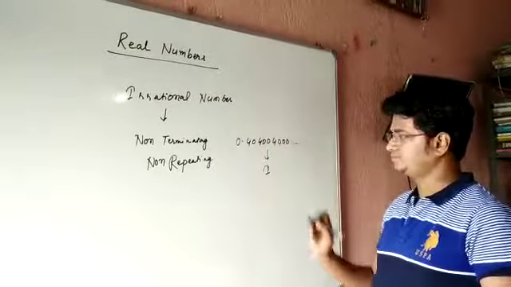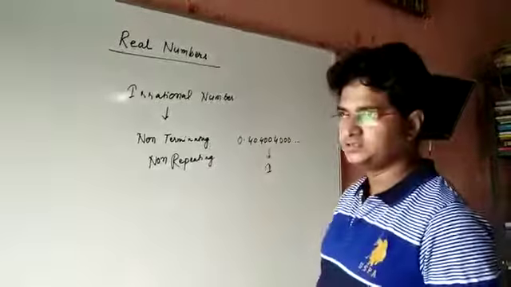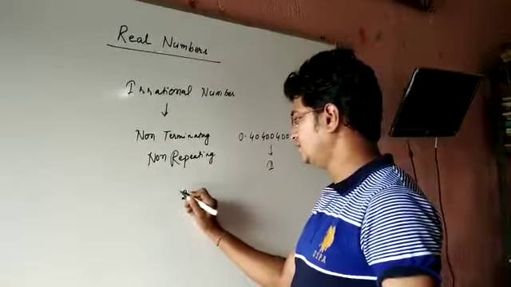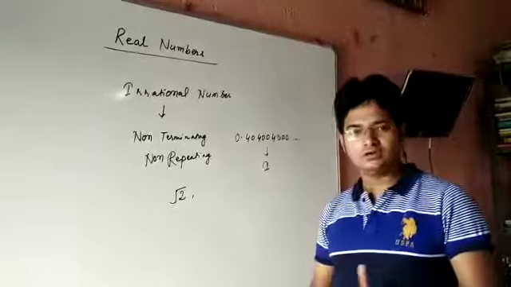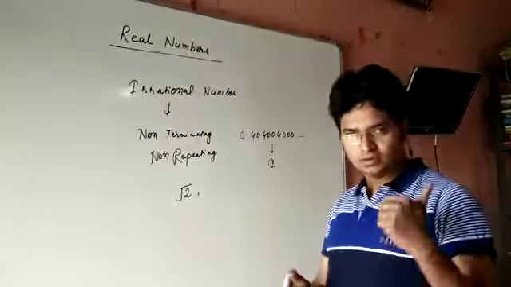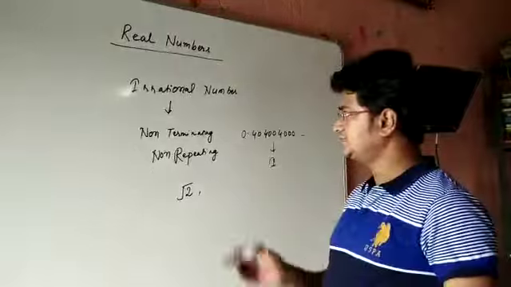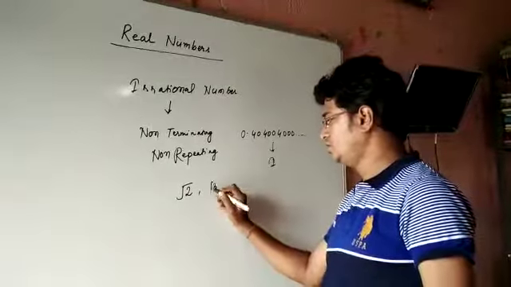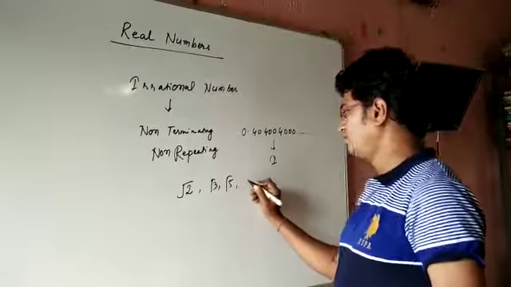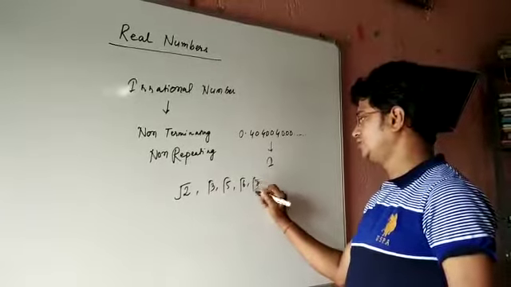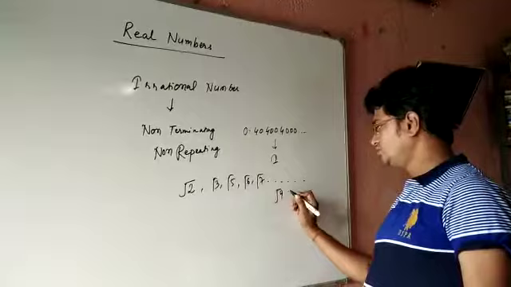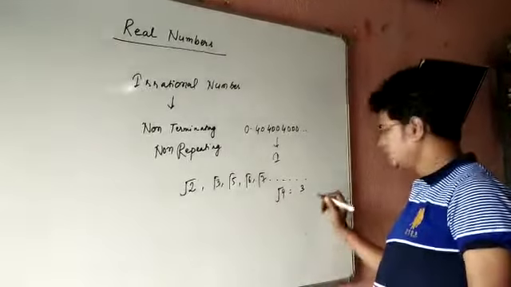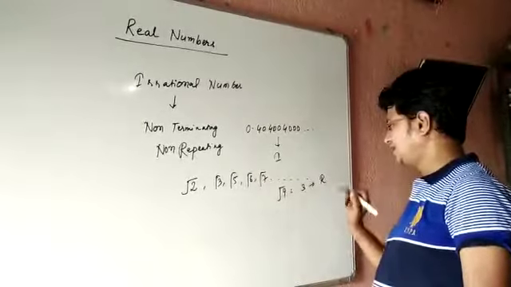For your reference, remember that any number whose square root or cube root is not a whole number is known as an irrational number. Root 2, root 3, root 5, root 6, root 7, and it goes on. Root 9 is 3, so it is rational.